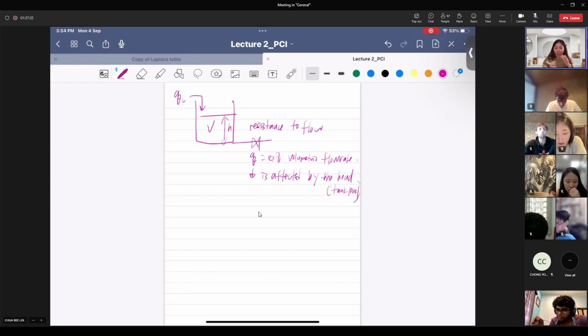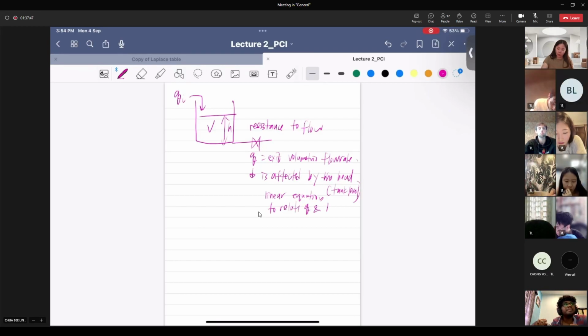If the relationship is not given, it will be a linear equation to relate Q and H. So Q equals H over R. It means when the level in the tank is higher, the Q will be faster.